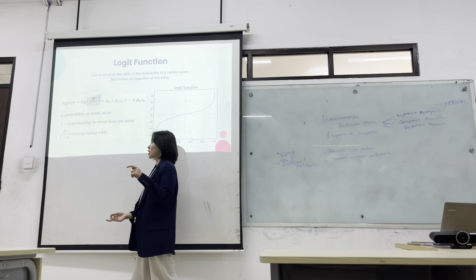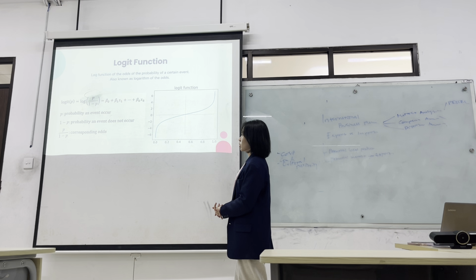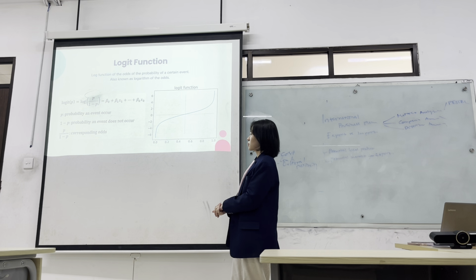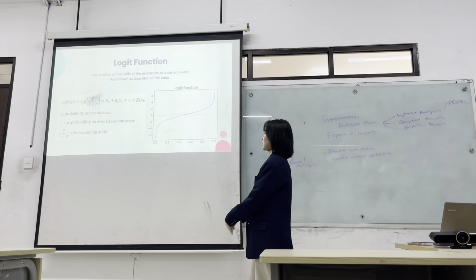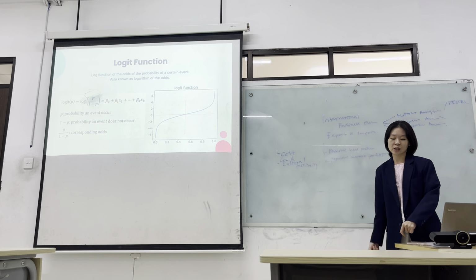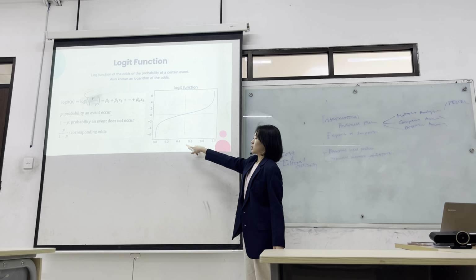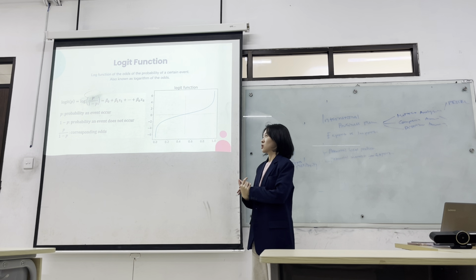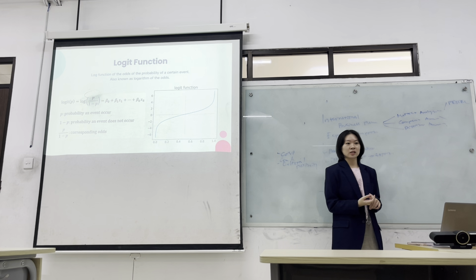We can say that P is the probability an event occurs, or success, and then 1 minus P is the probability an event does not occur, or failure, and P over 1 minus P is the corresponding odds of the event. So this is the graph for the logit function. If you notice, the x-axis in the logit function is the y-axis in the sigmoid, and the y-axis in logit is the x-axis in the sigmoid function.